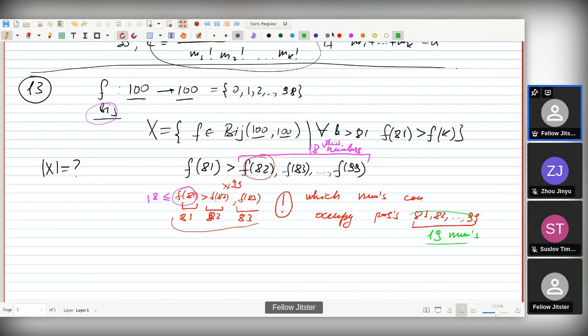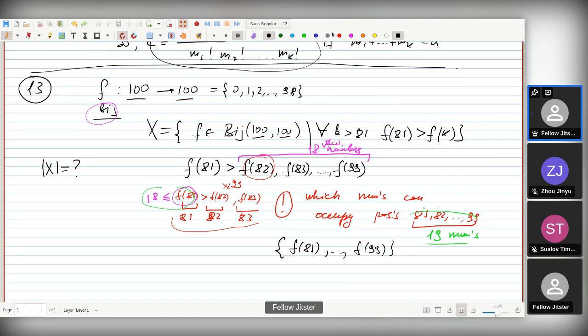So, for example, this constraint is not necessary. Okay, do we have any constraint on all these numbers collectively from 81? Do we have a constraint on this set?